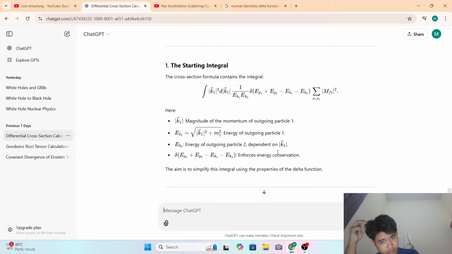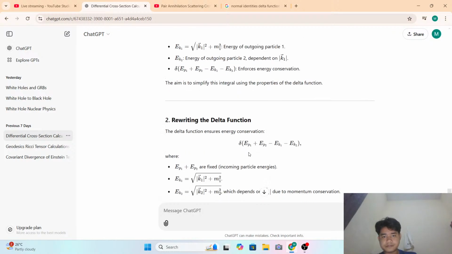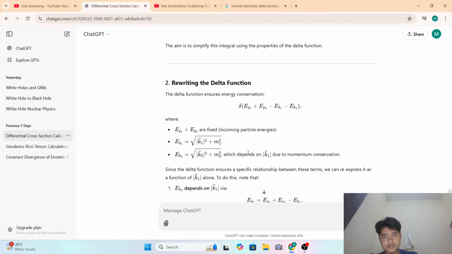This enforces energy conservation. The aim is to simplify this integral using the properties of the delta function. The delta function ensures energy conservation. These are fixed incoming particle energies, which depend on individual momentum conservation.